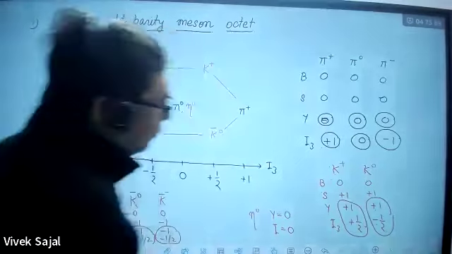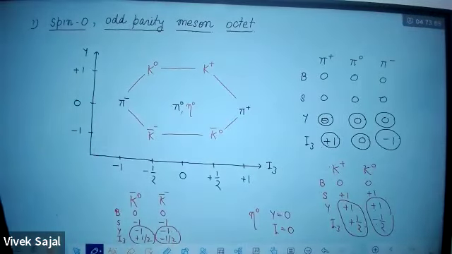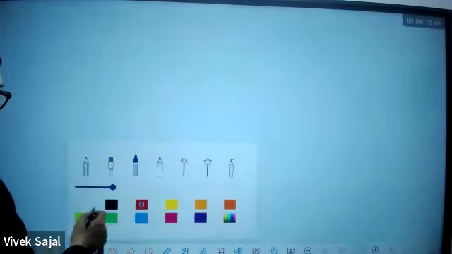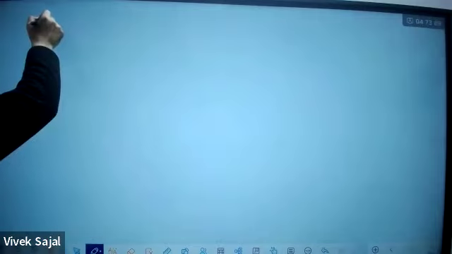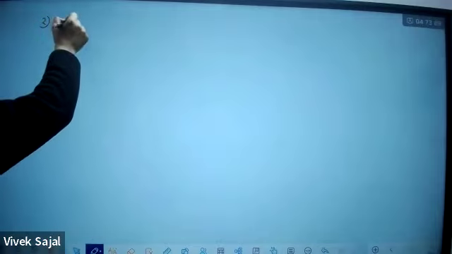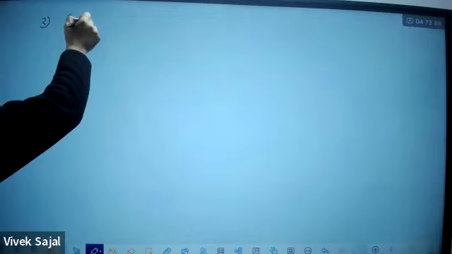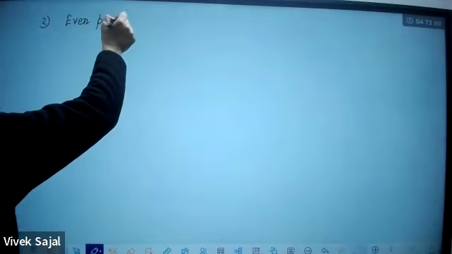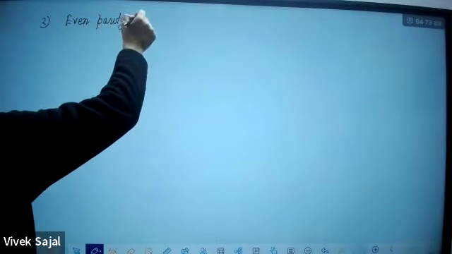Next, the second is even parity. Please note it down quickly so that I can go to the next. Number 2 is even parity, spin half.